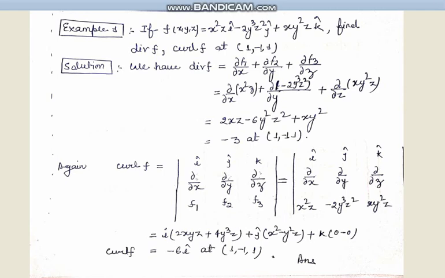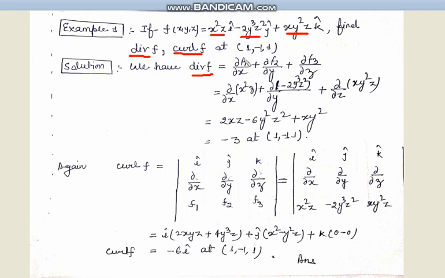Now we will find the divergence and curl of F at the point (1, -1, 1) of the function x²z i − 2y³z² j + xy²z k. Because F(x,y,z) is a vector quantity, divergence of F is calculated by ∂f1/∂x, where f1 is the coefficient of i, plus ∂f2/∂y, where f2 is the coefficient of j, plus ∂f3/∂z, where f3 is the coefficient of k.